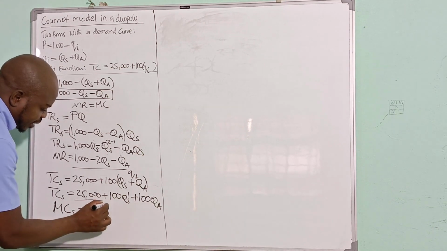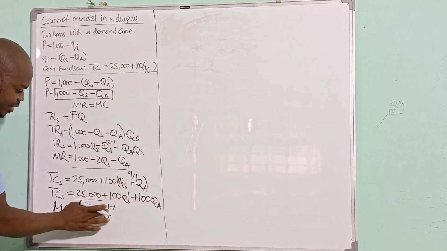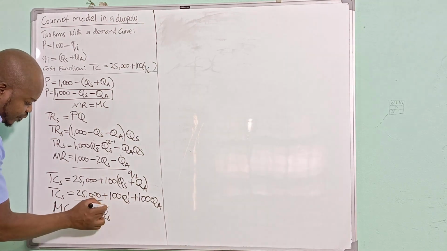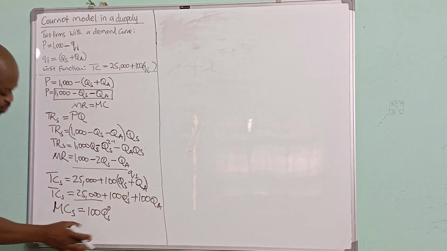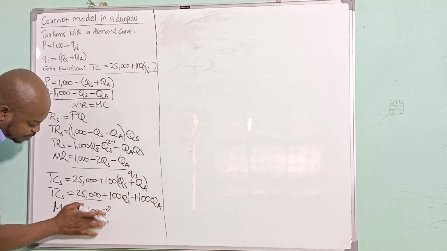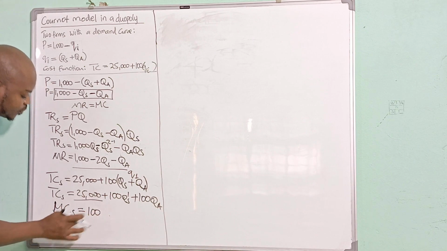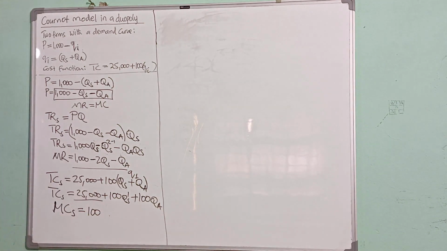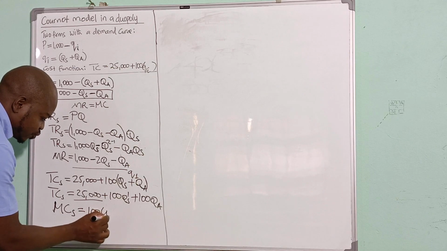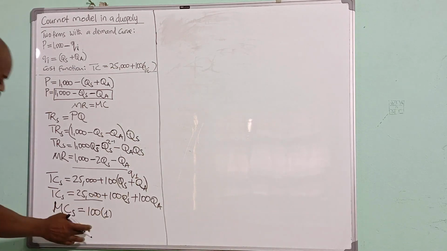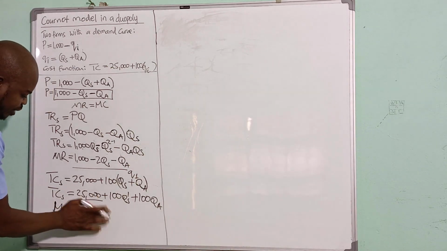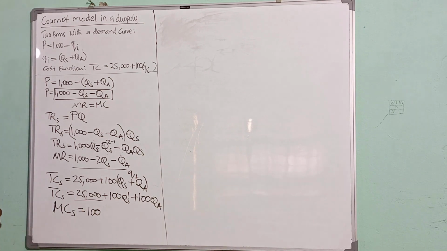And then 1 minus 1 there will be 0. So if this QS will be raised to the power 0, it simply means that the Q will collapse, because anything raised to the power 0 is equal to 1. So it's as good as just saying 1 multiplied by 100, and then it will still remain to be 100.